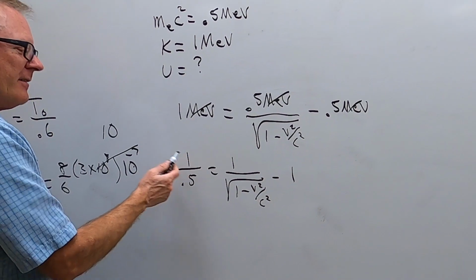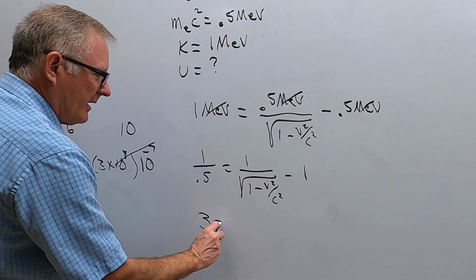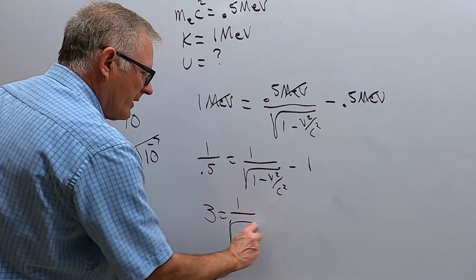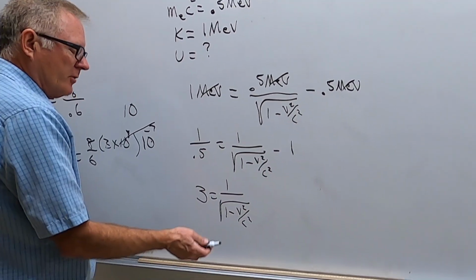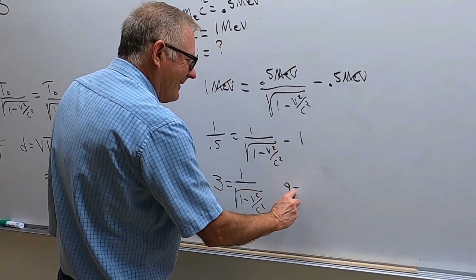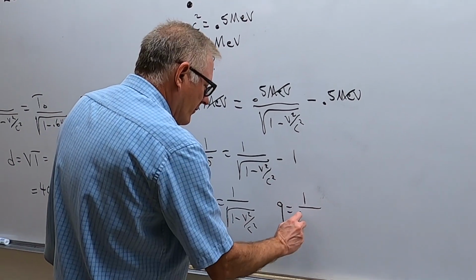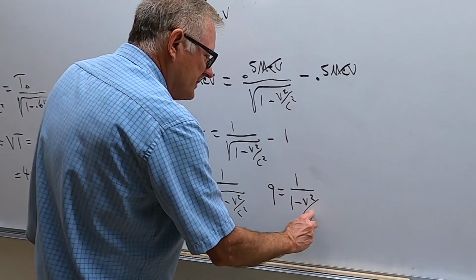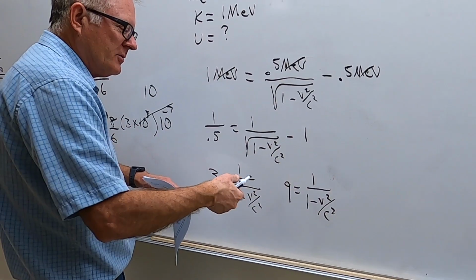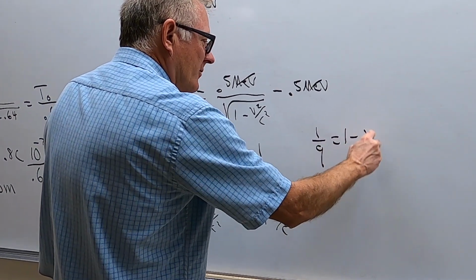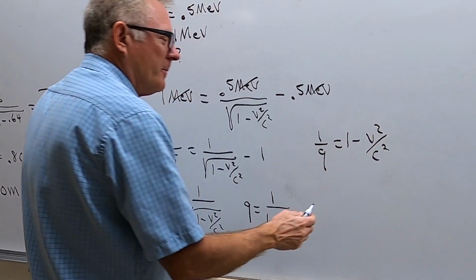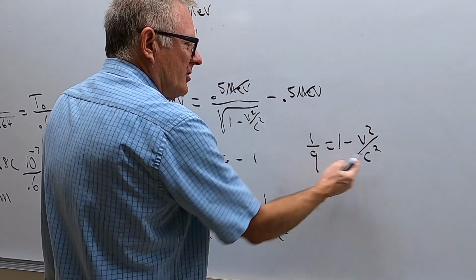Bringing that over there, that's just 3. So we got 3 equals 1 over the square root of 1 minus v squared over c squared. Square both sides, 9 equals 1 all over 1 minus v squared over c squared. Flip both sides, 1/9 equals 1 minus v squared over c squared. Swap these two.